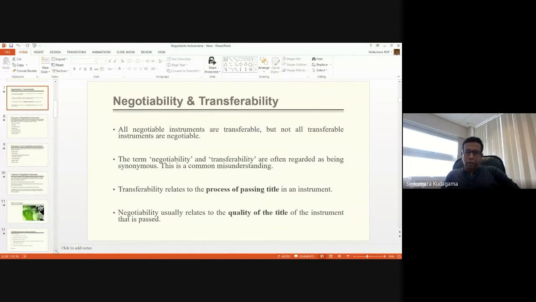The terms negotiability and transferability are often regarded as being synonymous. This is a misunderstanding. The fact that something is negotiable doesn't necessarily mean that it is transferable, right? Sorry, all negotiable instruments are transferable, but not all transferable instruments are negotiable.